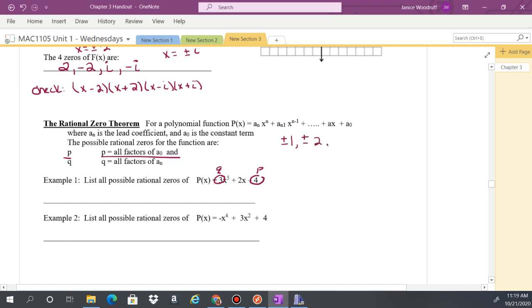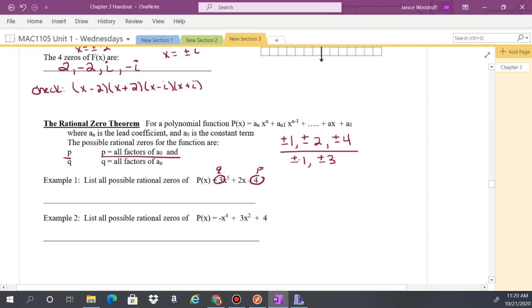So plus minus 1, plus minus 2, plus minus 4. That's everything that could multiply to 4. Over all the factors of 3. Only thing that multiplies to 3 are 1 and 3. So plus minus 1, plus minus 3. And then you break it out one by one.